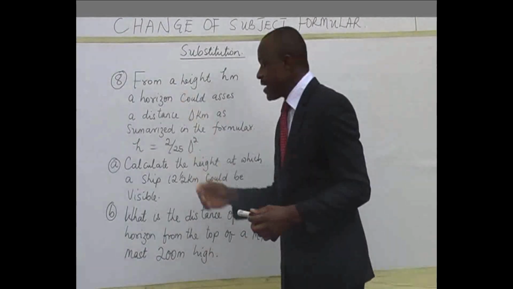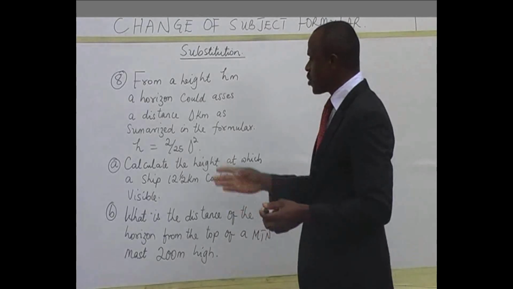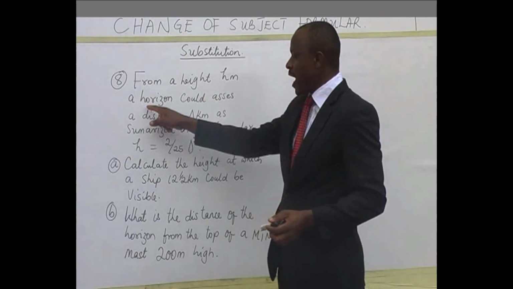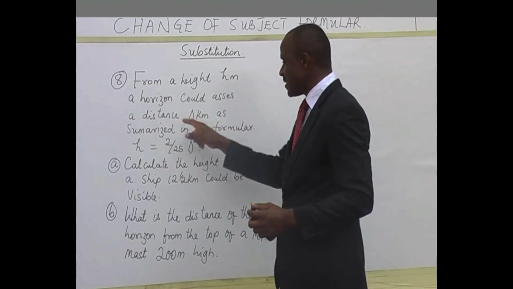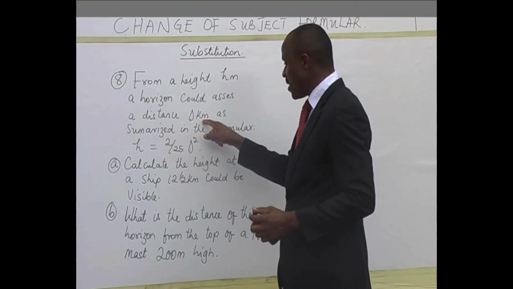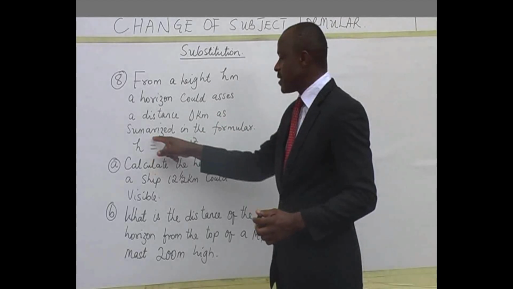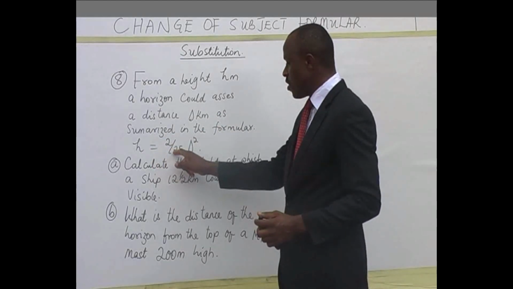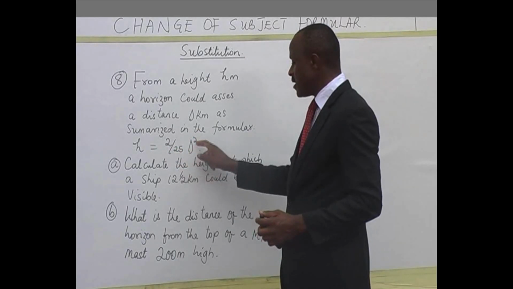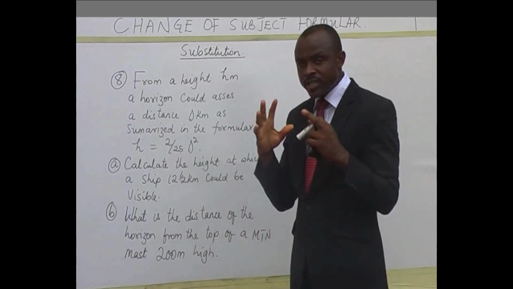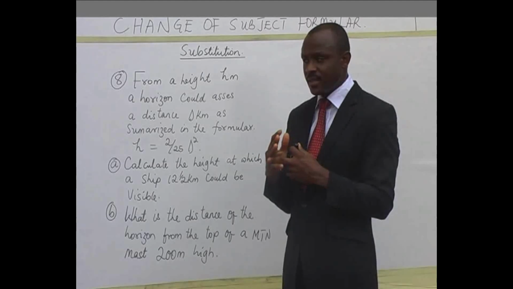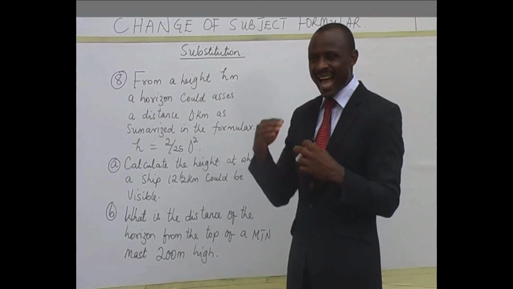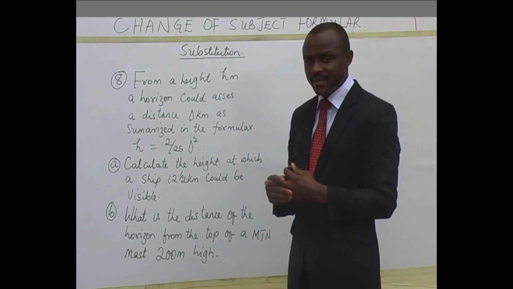This is the next question we have on substitution. This question says that from a height h meters, a horizon could access a distance d kilometers as summarized in the formula h is equal to 2 over 25 d squared. A horizon is an instrument used in viewing objects at distances.